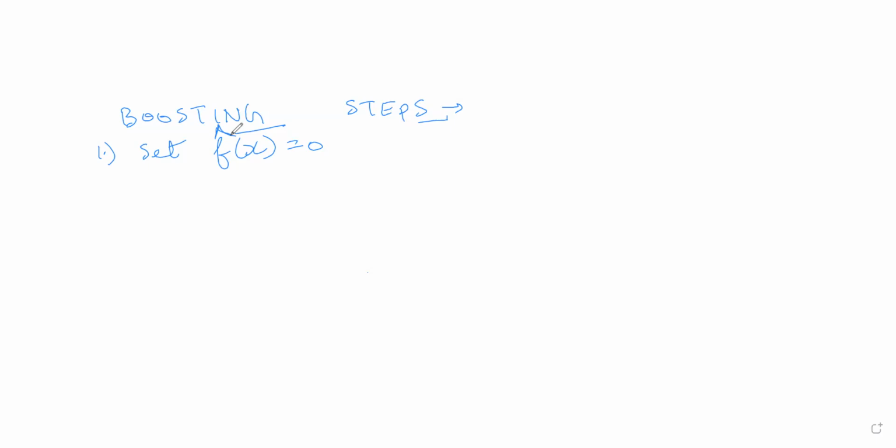So we now know that f(x) cap is nothing but the estimated decision tree. Remember that we said no cap means we know the structure of the decision tree. So we are saying the initial prediction of the decision tree is 0. When I say f(x) cap equals 0, it means initially the decision tree predicts 0.